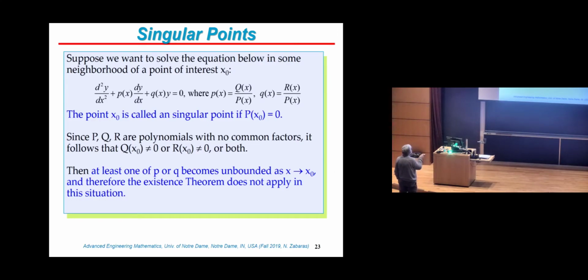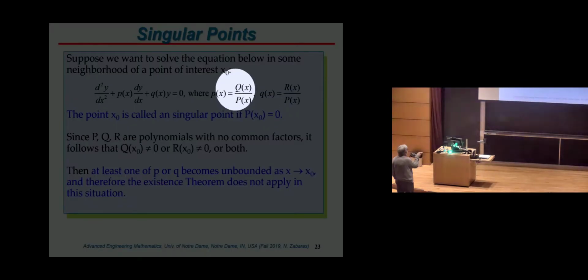So when you divide Q by P of x, and you look at the value of little p of x at x0, this basically goes to infinity, and this goes to infinity. And that's why I said we are going to assume that Q and P don't have common terms.